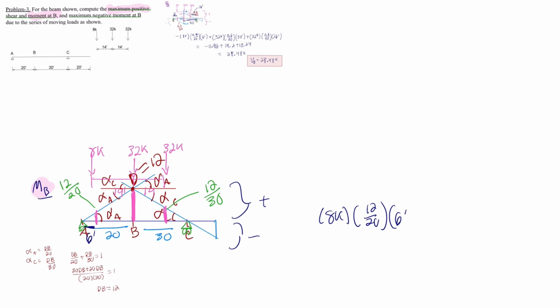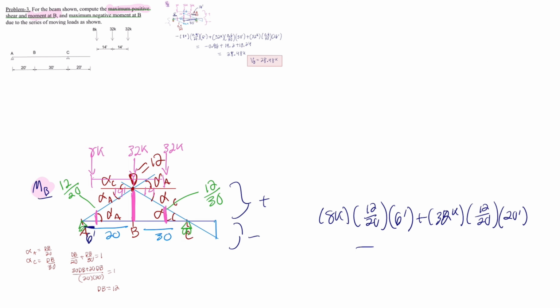So we will multiply that by 6 feet. We will then add the following load, which is the 32 kip times the slope, which is 12 over 20, times the distance, which is 20 feet. This whole distance is 20 feet.